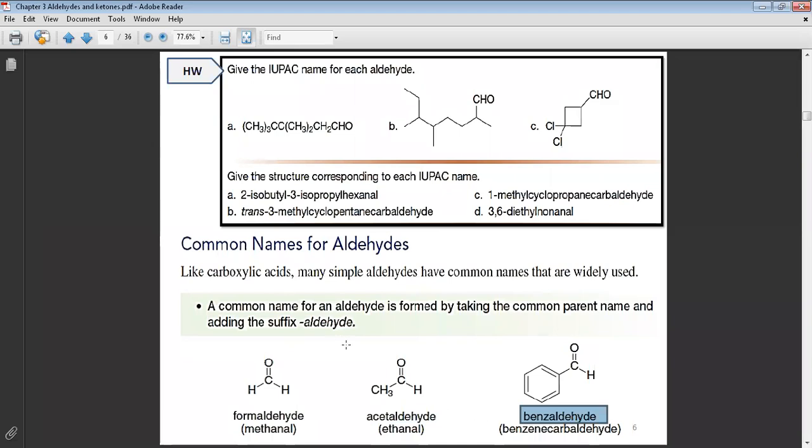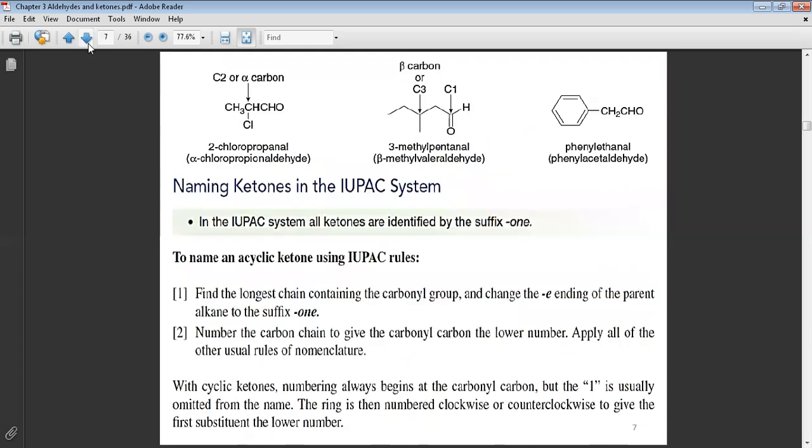Okay, students, for common names there are no special rules. The names just have to be memorized: formaldehyde, acetaldehyde, benzaldehyde. There are no special rules. And then he said here, you can use this. Look, this carbon is number 1, 2, 3.